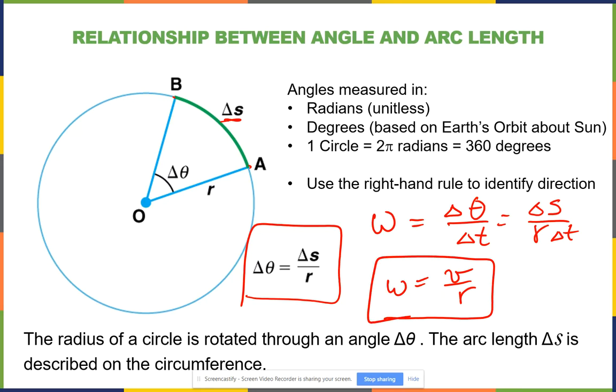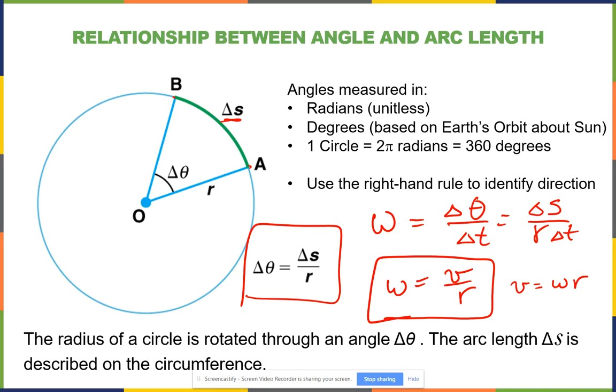And so just based on the definitions, the angular speed is equal to the tangential speed divided by the radius. Tangential speed is the speed in the direction of motion. So there's a simple relationship between the tangential speed and the angular velocity. If radius is bigger, you get a bigger tangential speed. If radius is smaller, you get a smaller tangential speed.